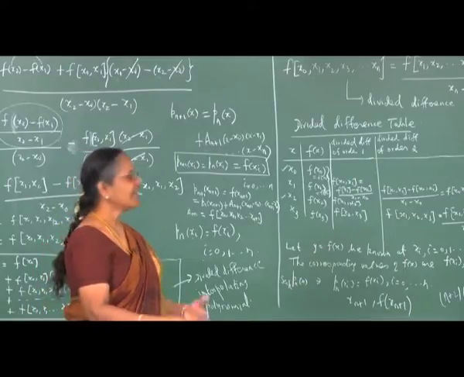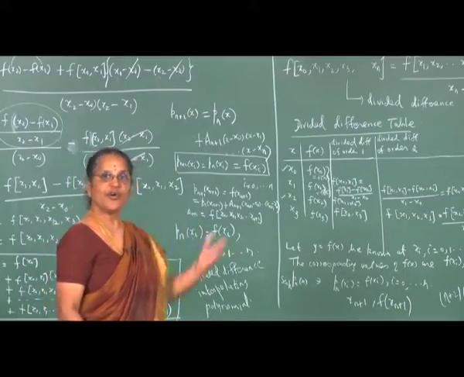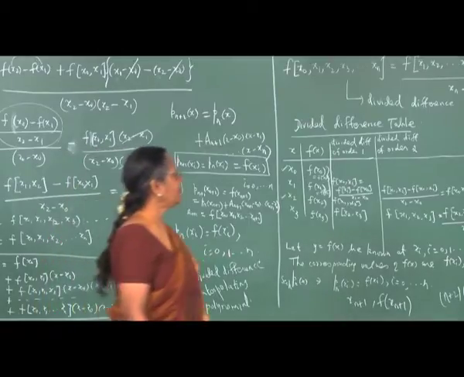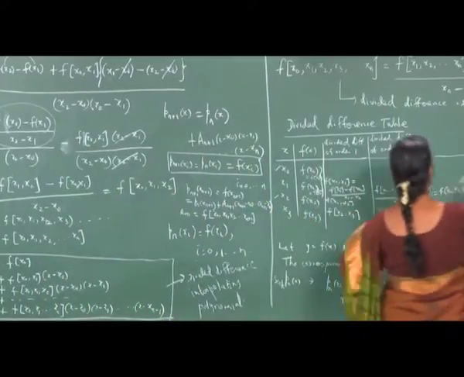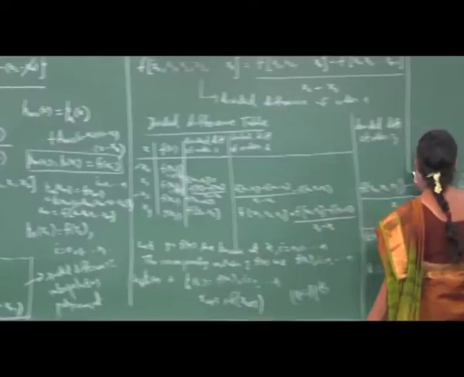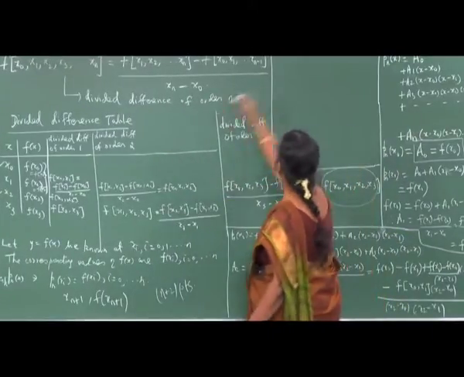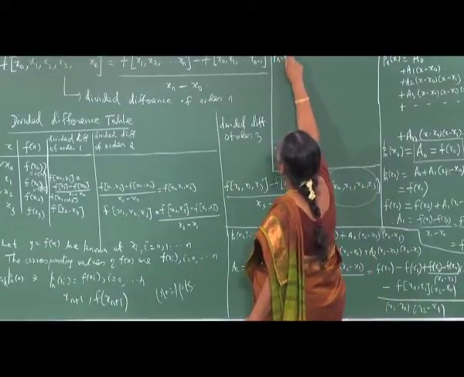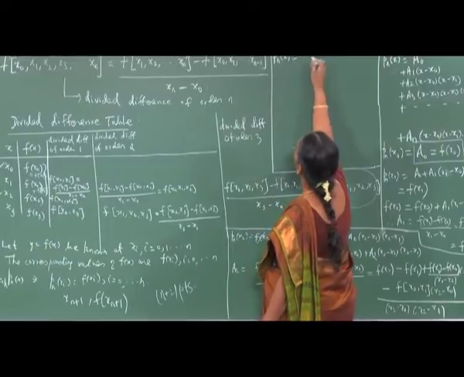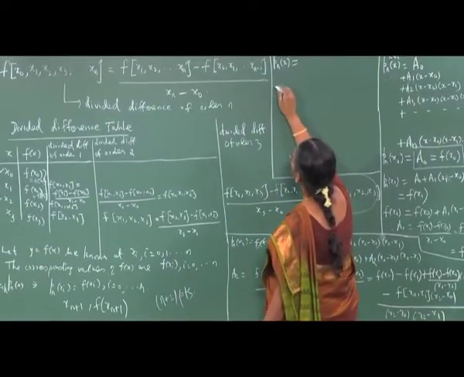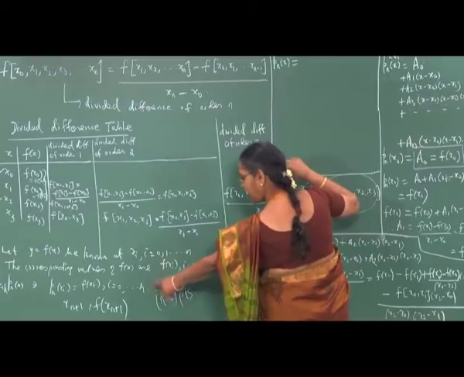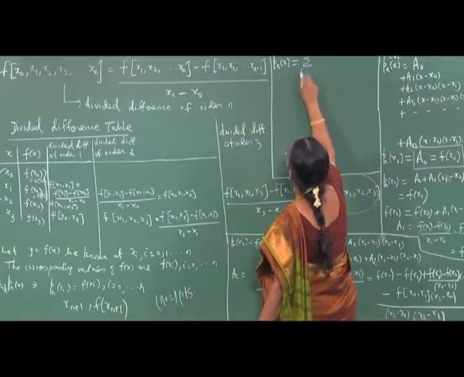So, why do you say that divided difference method scores over Lagrange interpolation polynomial? The reason is this: in case you have already computed Pn of x using Lagrange interpolation polynomial, say given the information at the first set of n plus 1 points, then what is it?